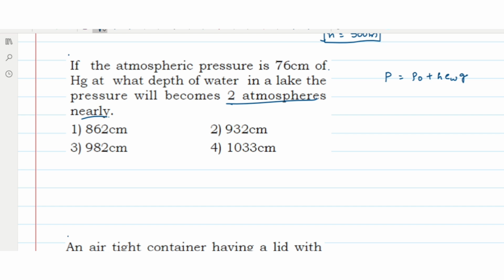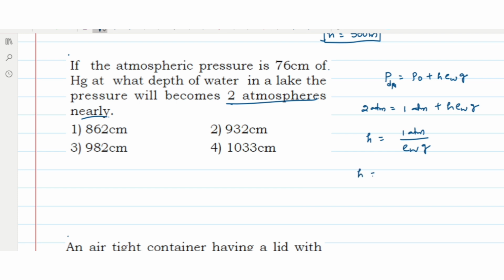At that depth it was given as 2 atmospheres, and P naught equals 1 atmosphere, plus h into rho into g. So 2 minus 1 is 1, then the h value will be 1 atmosphere divided by the density of the water into g.